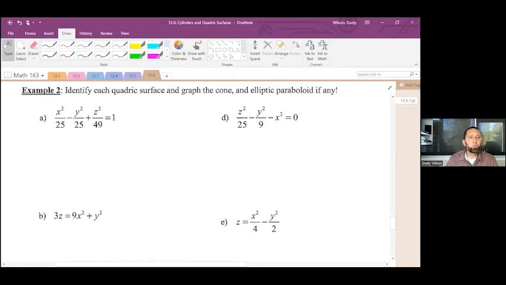In example 2, we want to identify each quadric surface and graph the cone and elliptic paraboloid if there is any. So what we're going to start with is trying to identify which world we live in. Specifically, I want to look at the powers. Notice square, square, square, and so on.